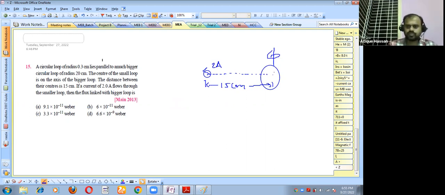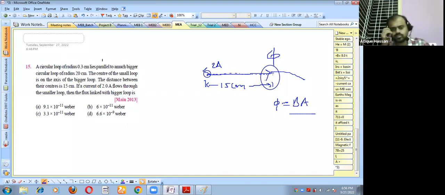To find the flux through this loop, we will find the magnetic field and then multiply by area. This is a small loop, so the magnetic field will be along the axial line. Magnetic field is always along the axis of a circular loop.